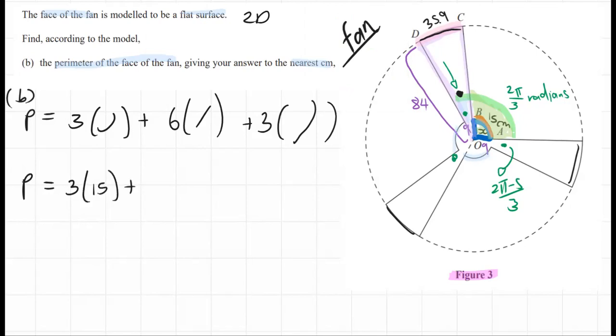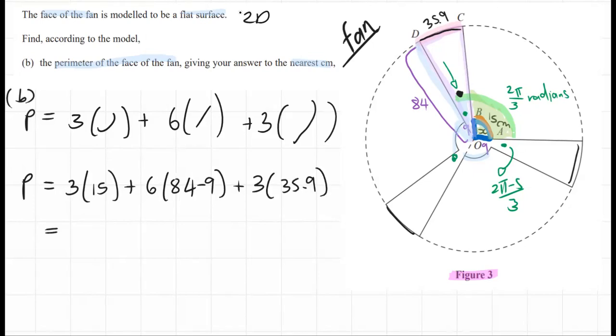The big lines, 6 of them, were 84 minus 9, because 84 is the whole thing minus the 9 of that bit. 84 minus 9 comes to 75. Excuse me, I think there were 6 of those. There's 6 of these ones. And 3 of the outside lines, which we got from the previous question, which was 35.9.